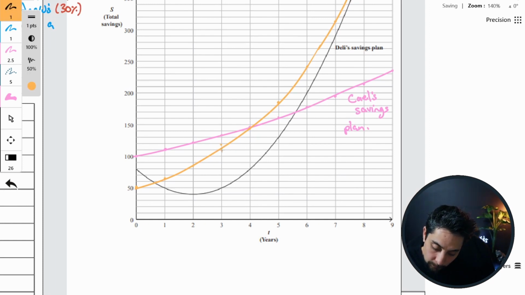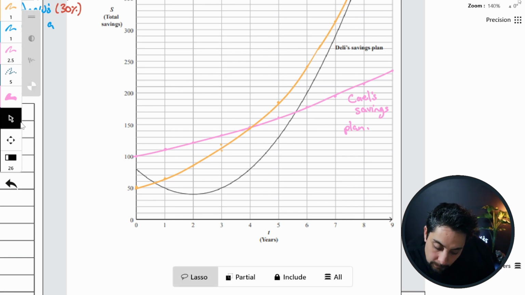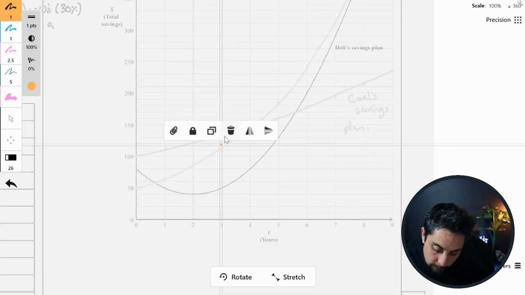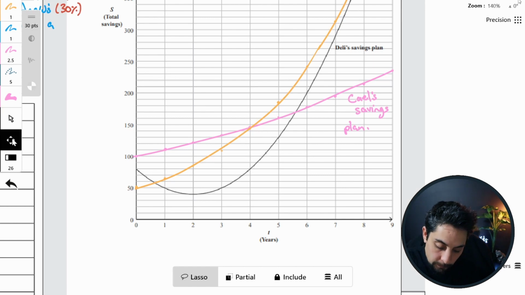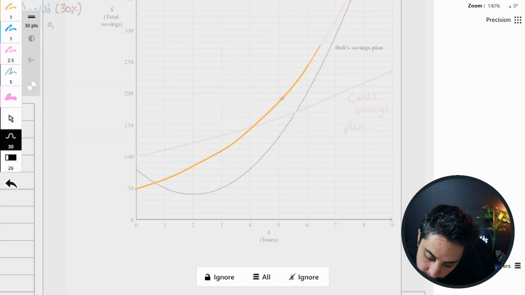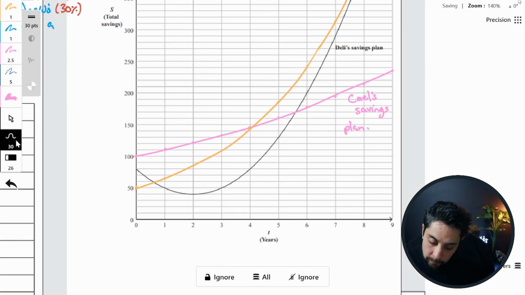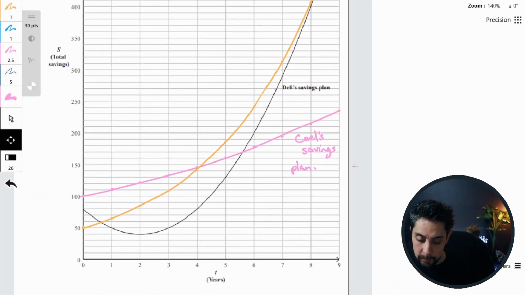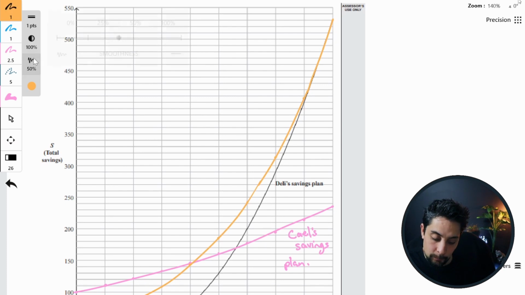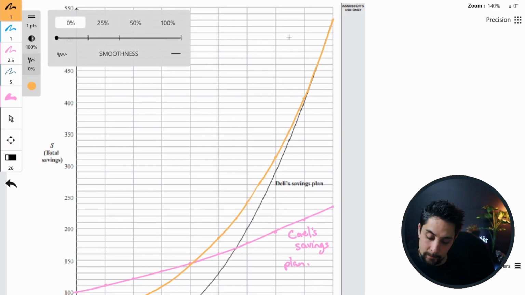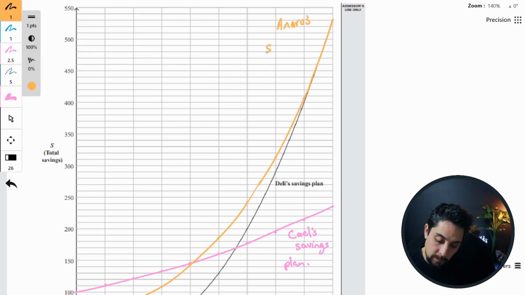So we actually have to drop this down to here. I made a little mistake there. So let's drop that down. There we go. That's much smoother. So I think we have all of our bits labeled on there. Oh, labeled. Good reminder for myself. This one is Anaru's savings plan.